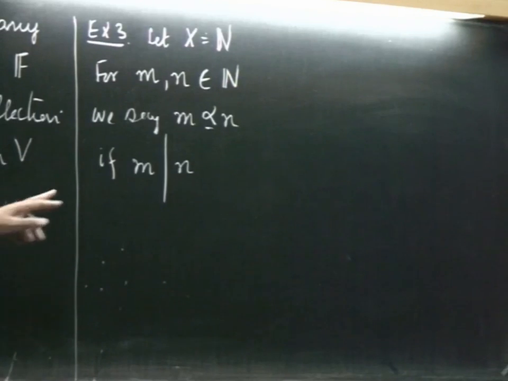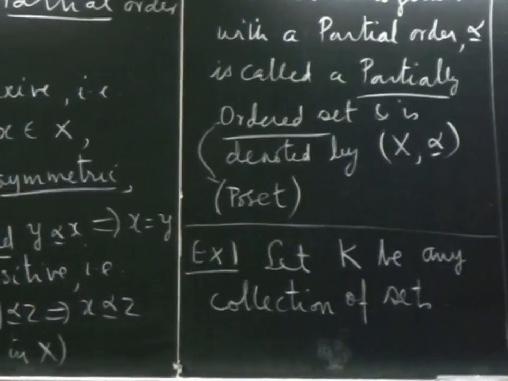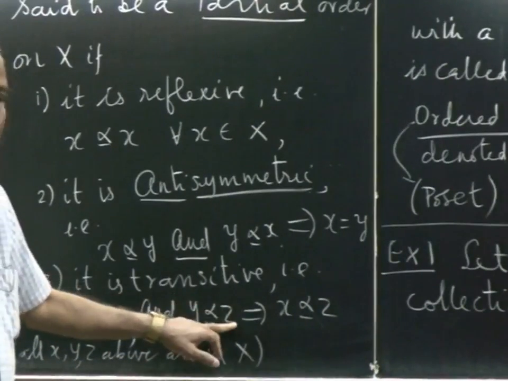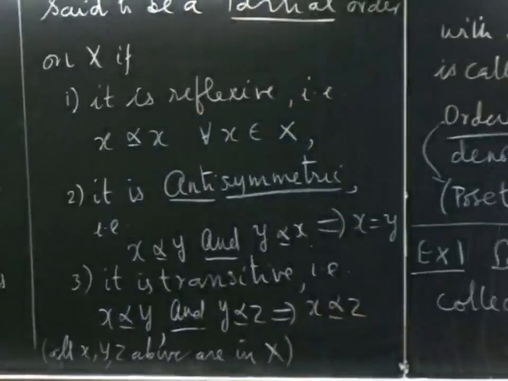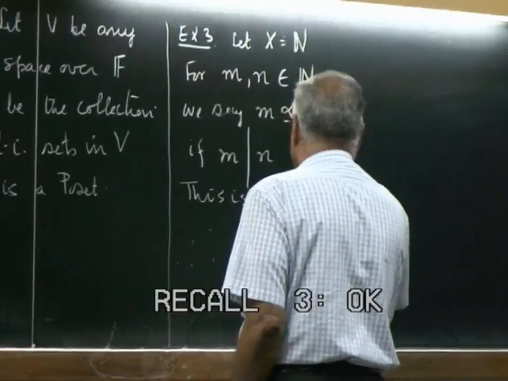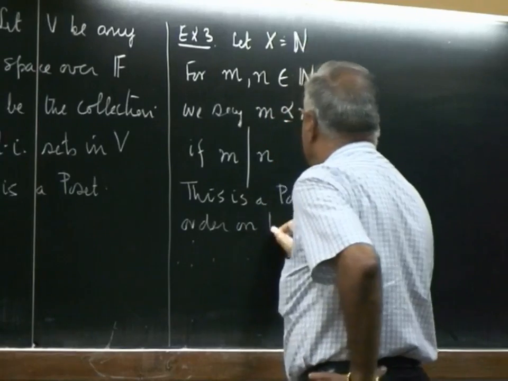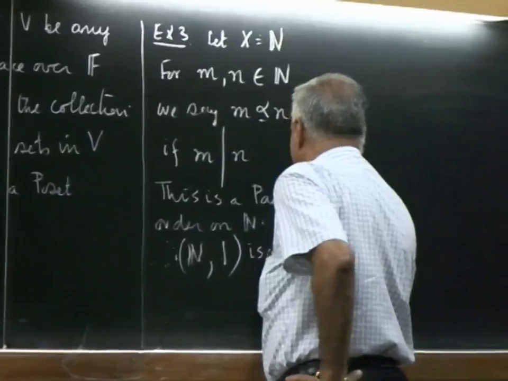Now, we can see that that is a partial order, because every number divides itself, which is reflexivity. If m divides n and n divides m, obviously m must be equal to n, and if m divides n and n divides p, obviously m divides p. So, it is clearly a partial order on N, and therefore it is a poset.